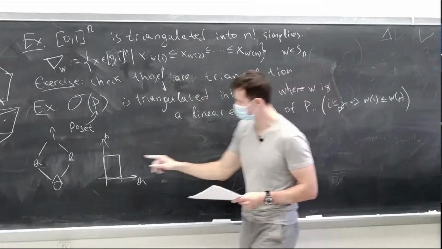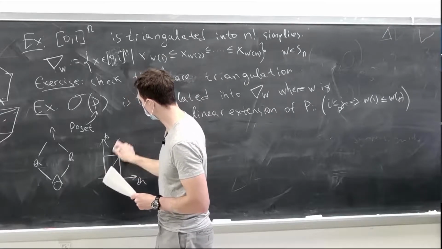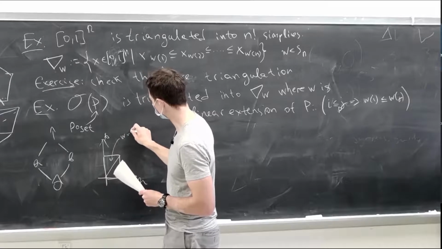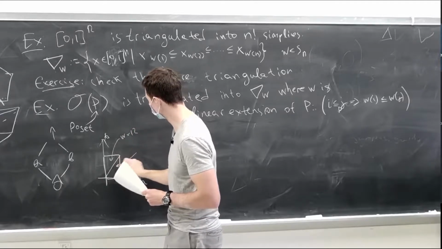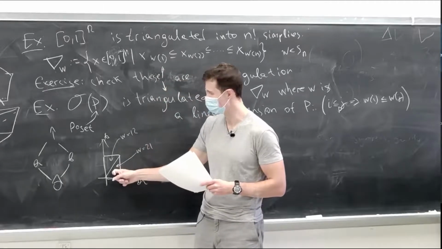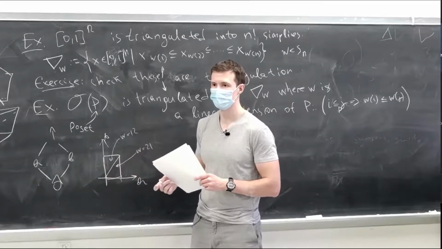For the square, the triangulation looks like this. This is W equal to 1, 2, and this is W equal to 2, 1. So here A is bigger than B, and here A is less than B.